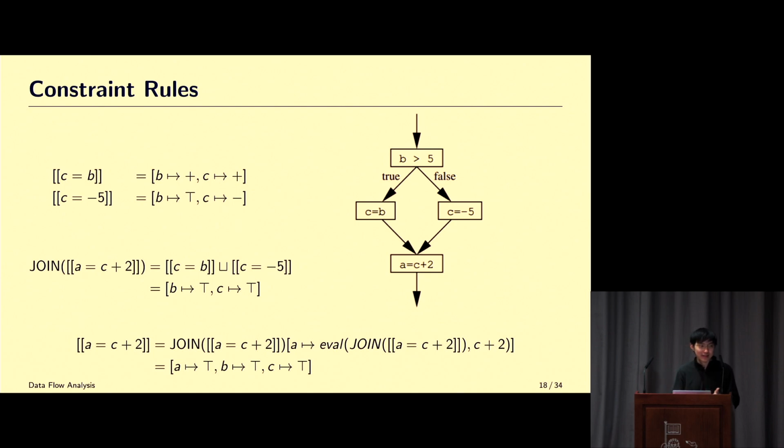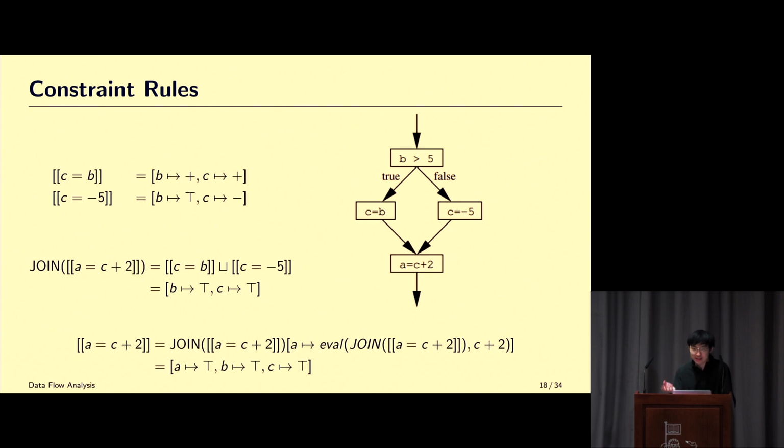And c is either positive or negative. So when you join those two together, you don't know anything about it. And then the sign of a is the result of evaluating c plus 2 with the context given to you by the join function. So the join function tells you that you don't know anything about b and c, and so evaluating c plus 2 with that context tells you you don't know anything about c plus 2. And so you don't know anything about a, and so here we don't know anything.